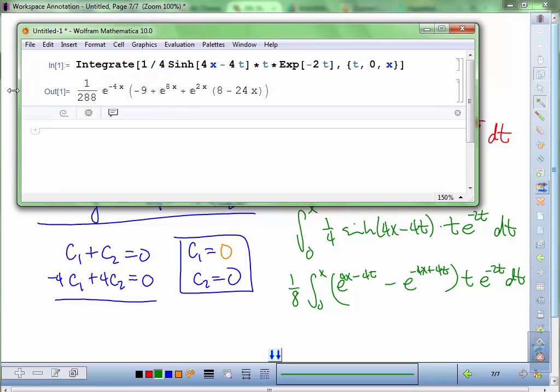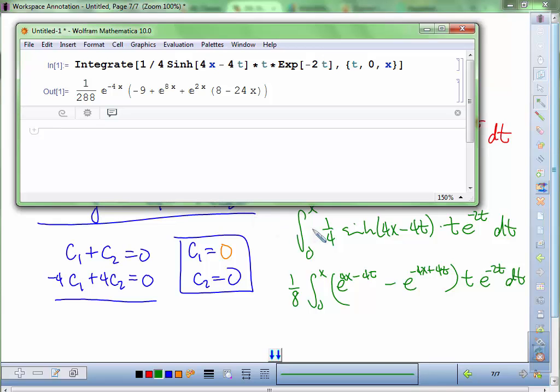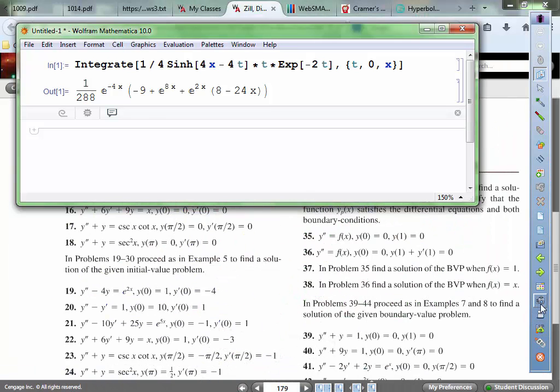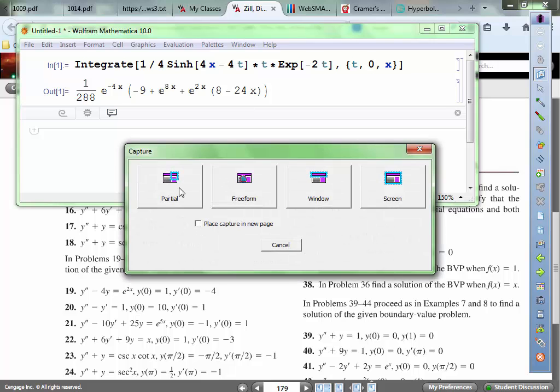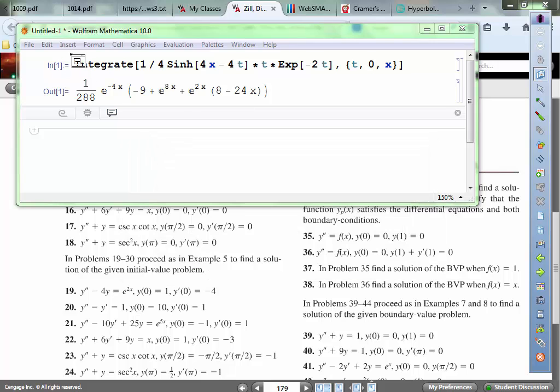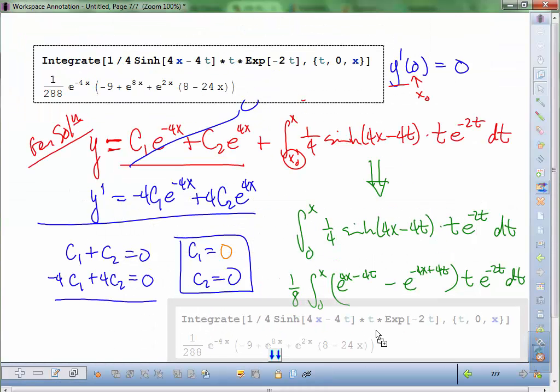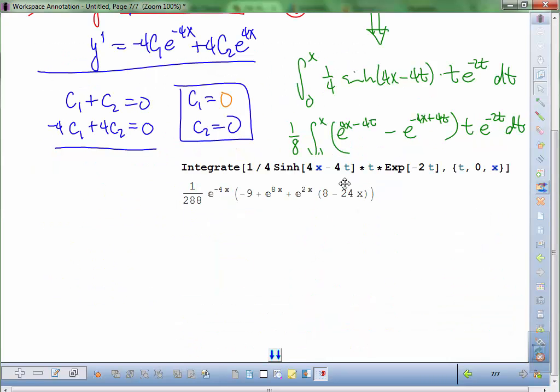So we get a nice function. Nice, relatively speaking, a nice function. So if this is a nice function, I kind of wonder what a not so nice function would look like, huh?